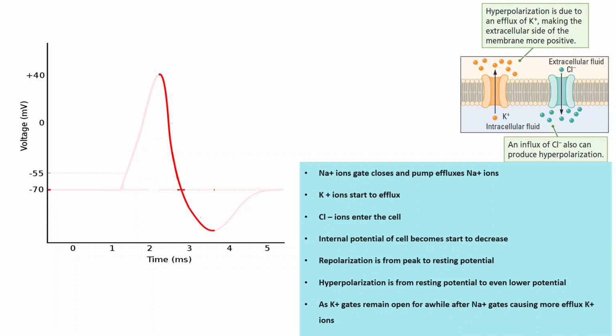So it makes it more negative than resting potential, that is minus 70 millivolts. It causes the cell potential to drop to more negative. Okay, cool. So that's what's happening because the potassium gates open and close later. It causes more potassium ions to go outside the cell and make the cell more negative. And that is just the nature of the cell.